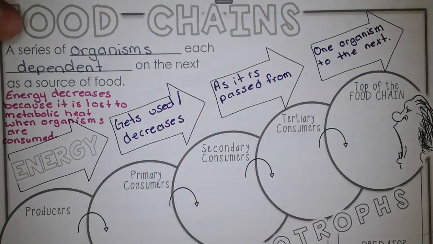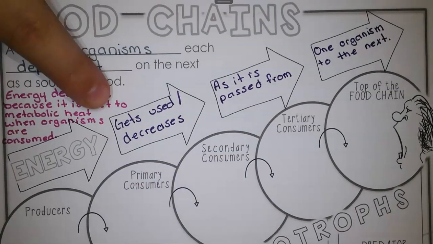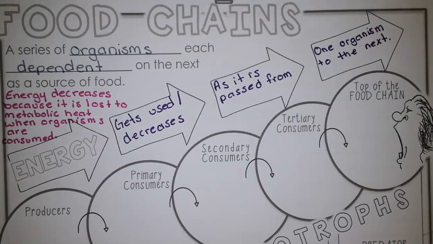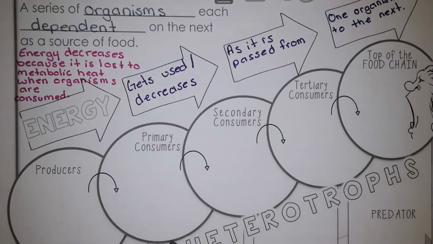So energy gets used or decreases as it's passed from one organism to the next. Let's get started with the actual food chain.